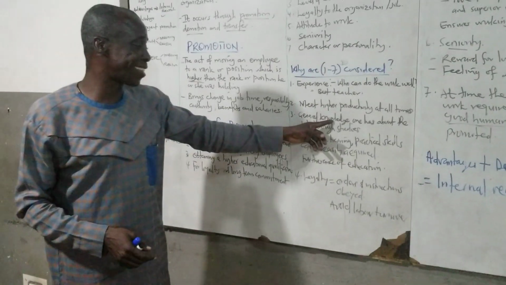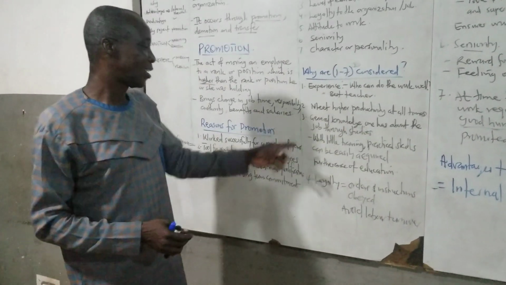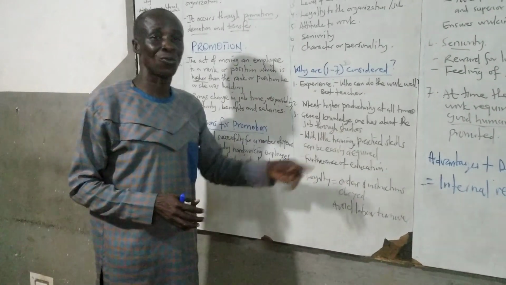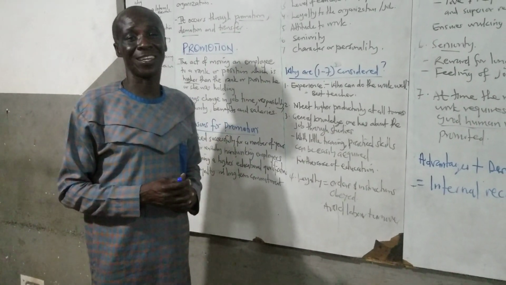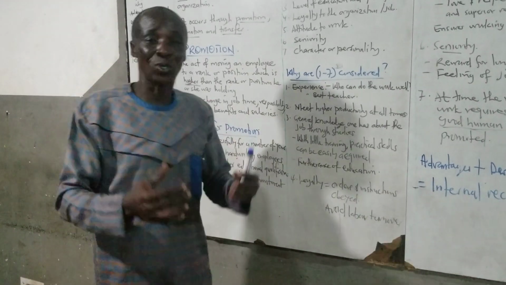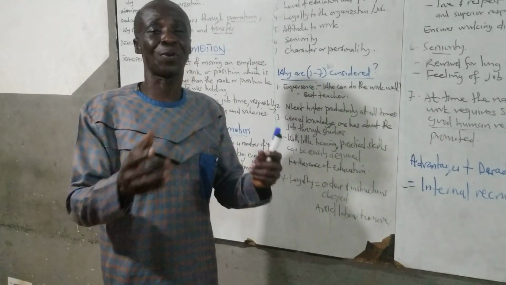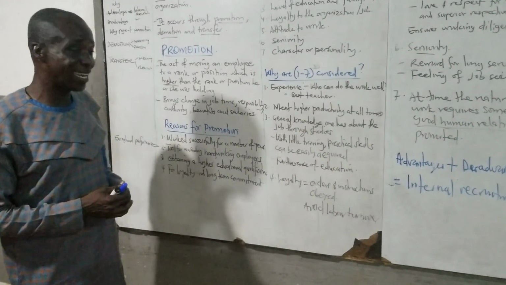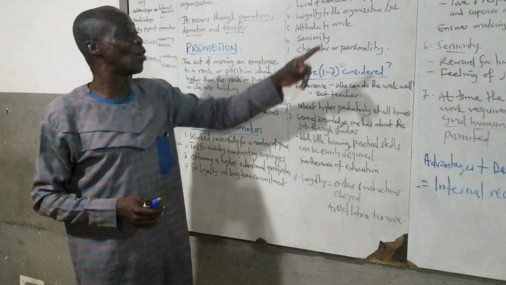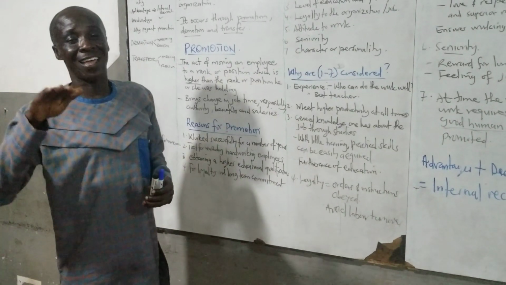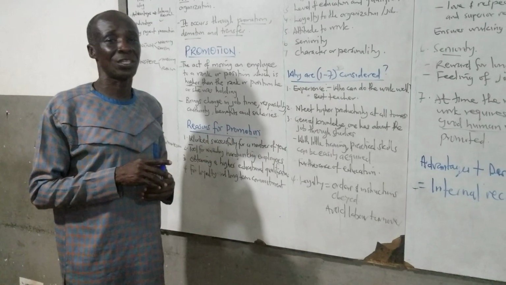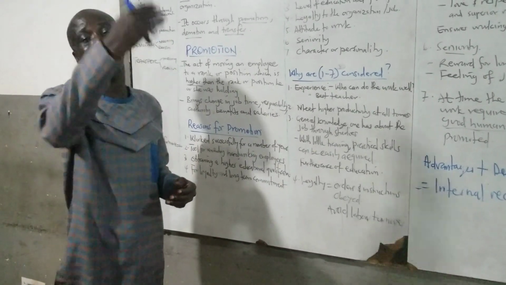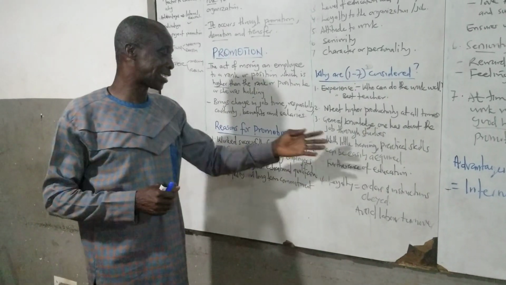So the general knowledge one has about his or her job through studies will enable the person do the work. With a little training, this person will be able to do whatever you assign to him to do. So that is that. Then when you promote people on the basis of their level of education and qualification, that will motivate others to also further their education. So that is for that one.